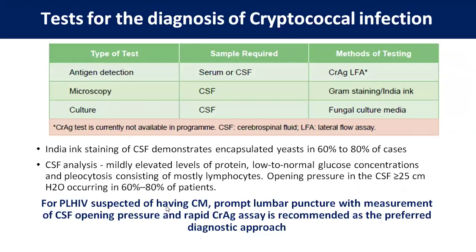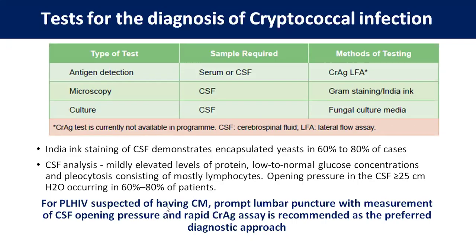Tests for the diagnosis of cryptococcal infection. Now, as I said earlier, serum or CSF, microscopy in CSF, culture also through CSF. So now, CrAg test is currently not available in the program, as the slide is also mentioning.